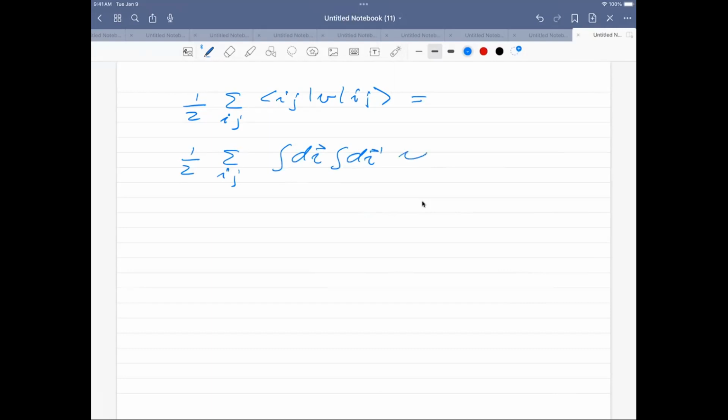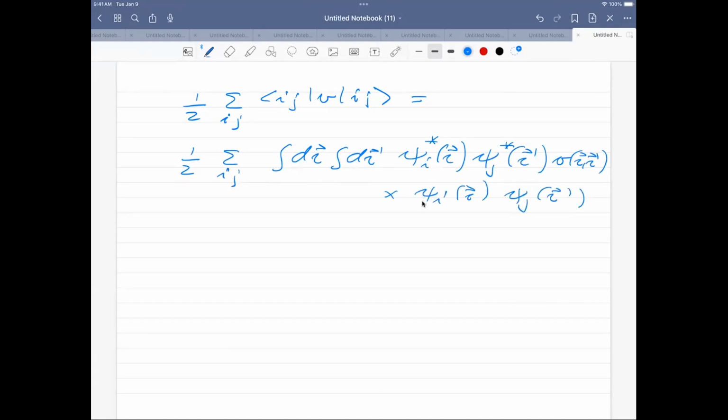And let me just remind you quickly of the expressions which we calculated earlier in the semester. So we had psi j of r prime, and this is then multiplied with a potential and multiplied with psi i of r and psi j of r prime.